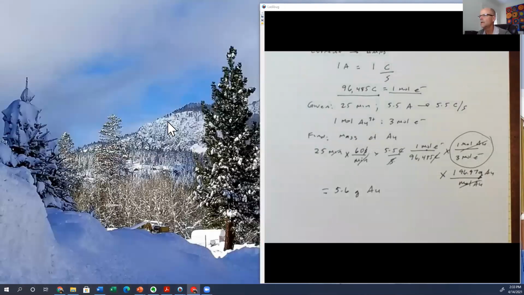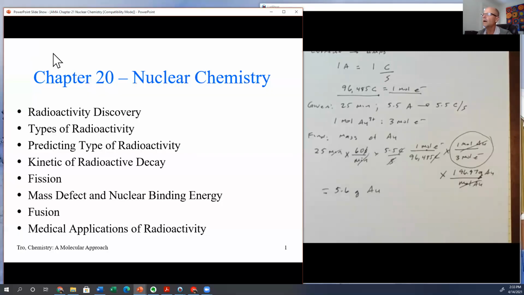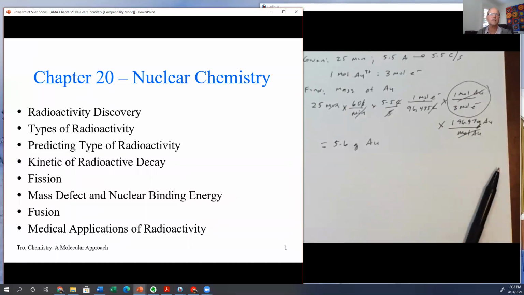Okay. So let's switch gears here and start talking a little bit about nuclear chemistry. So far we've been talking about atoms reacting with other atoms to form compounds, compounds reacting with other compounds.